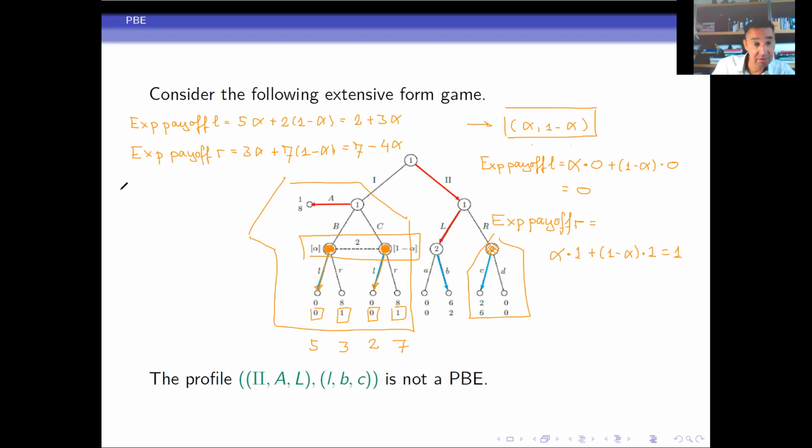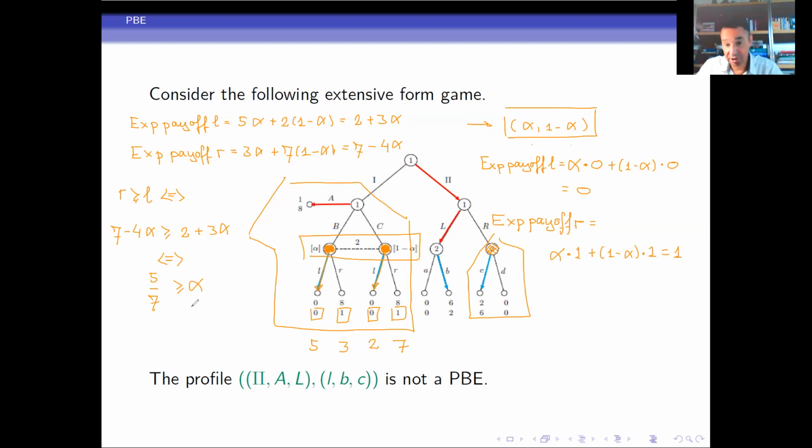And now you could say, well, I prefer right over left, precisely in case 7 minus 4 times alpha exceeds 2 plus 3 alpha, which is saying that alpha should be maximally 5 divided by 7, if I'm not mistaken. So that's how it works.